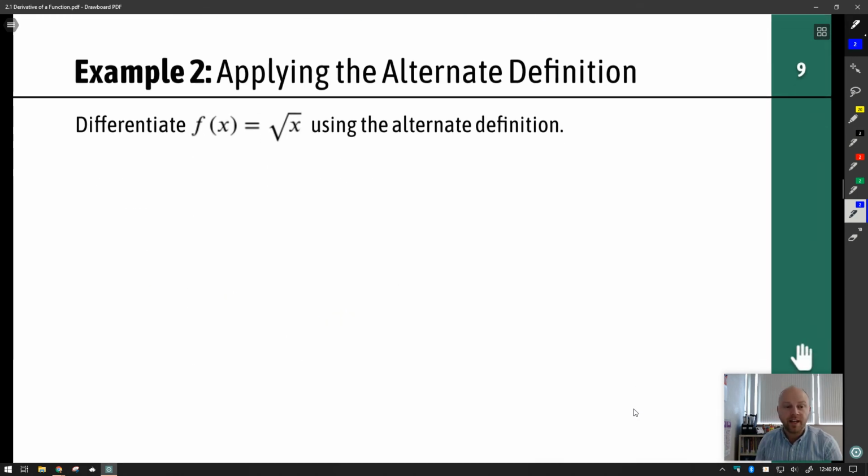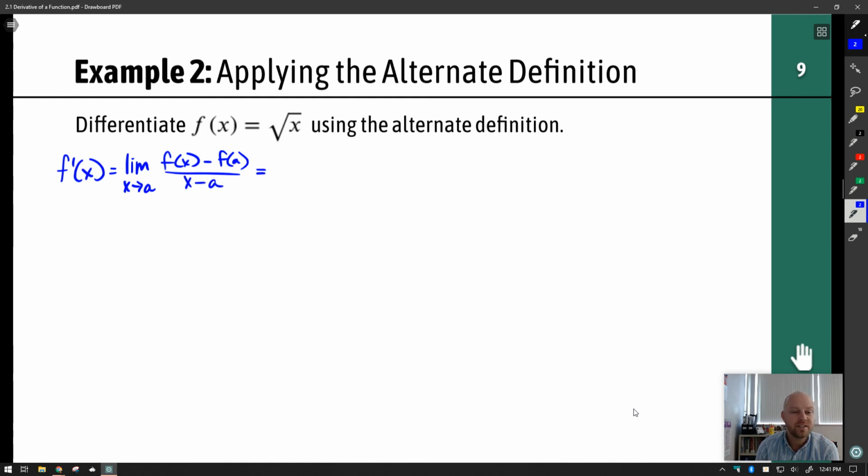So here is an example of that. We want to differentiate. Again, differentiate means find the derivative. Differentiate f of x is equal to square root of x using the alternate definition. So here we go. We say f prime of x is equal to the limit as, not h approaches 0 this time, but as x approaches some arbitrary number a, of the function f of x minus f of a all over x minus a.